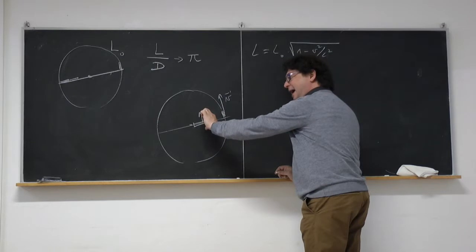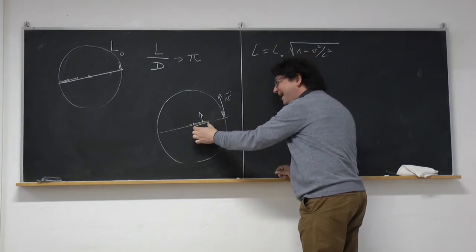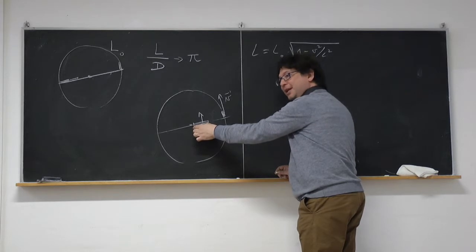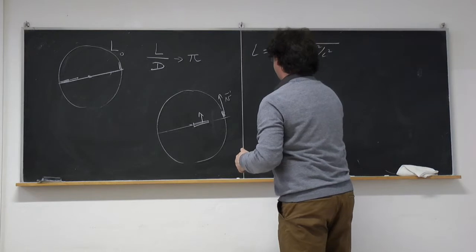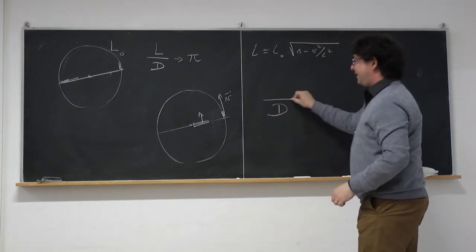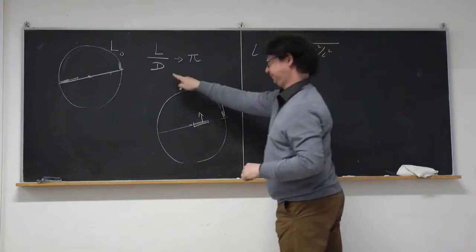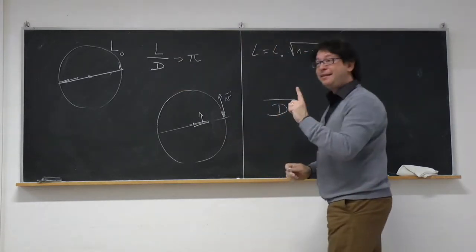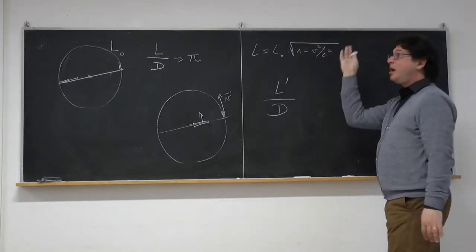So length contraction happens in the direction of the width, not in the direction of the length of the elementary meter. So the diameter remains the same as before, sorry. But the circumference length is not the same anymore. It's an L primed.